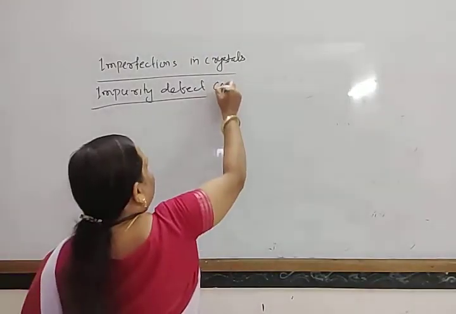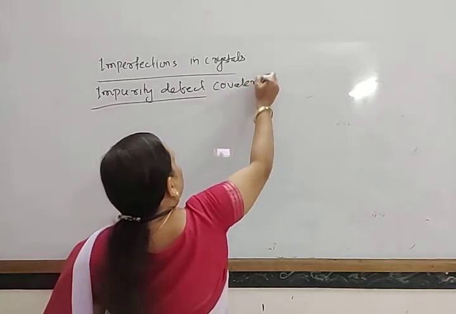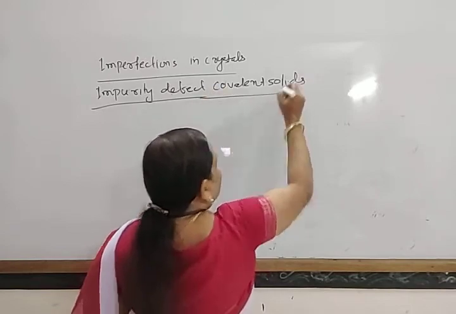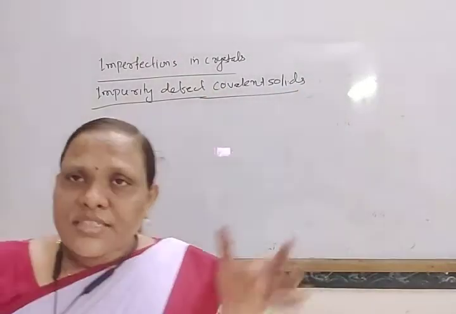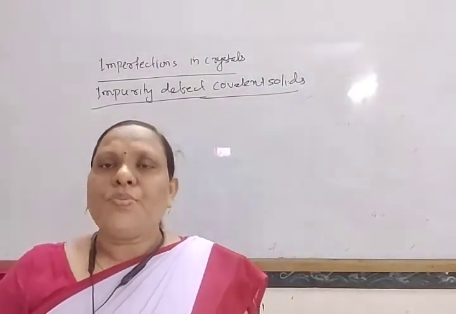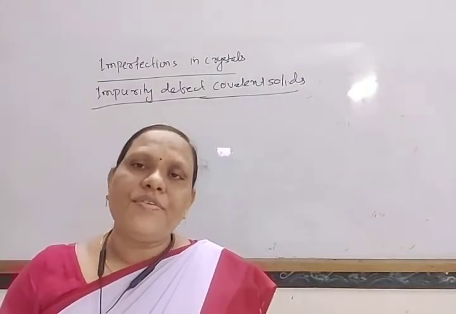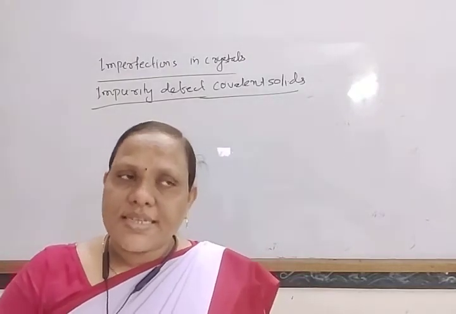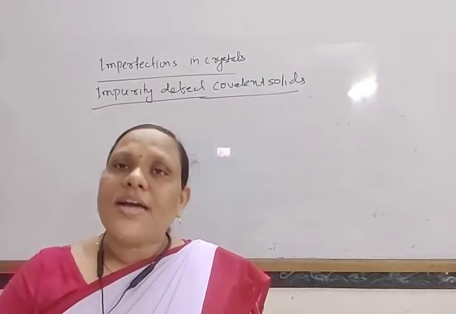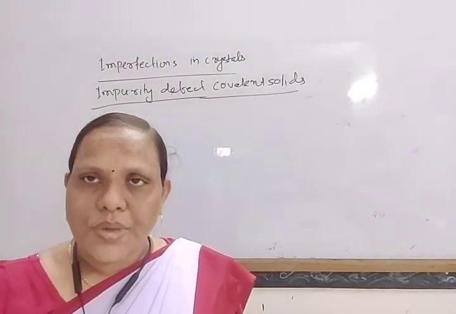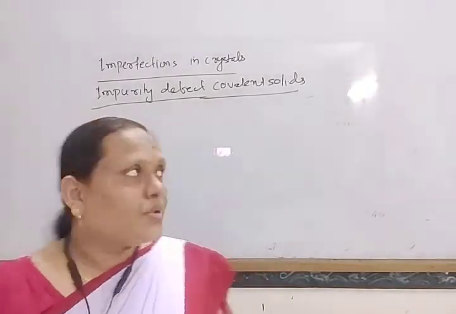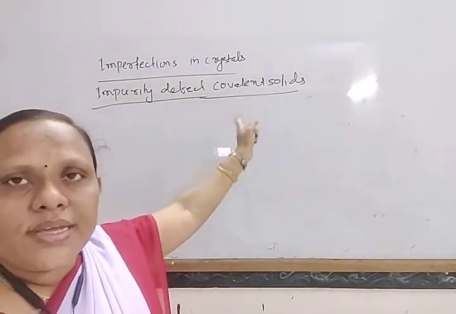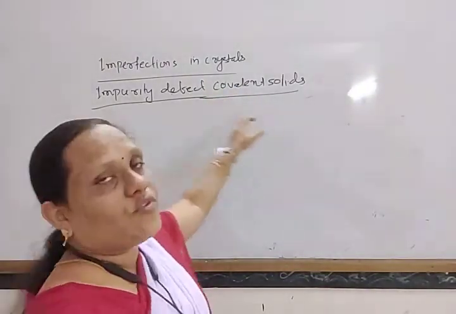When some foreign substance is added, some impurity is added to the crystal of some other substance, then that process is called doping. And doping is very common in case of covalent solids.